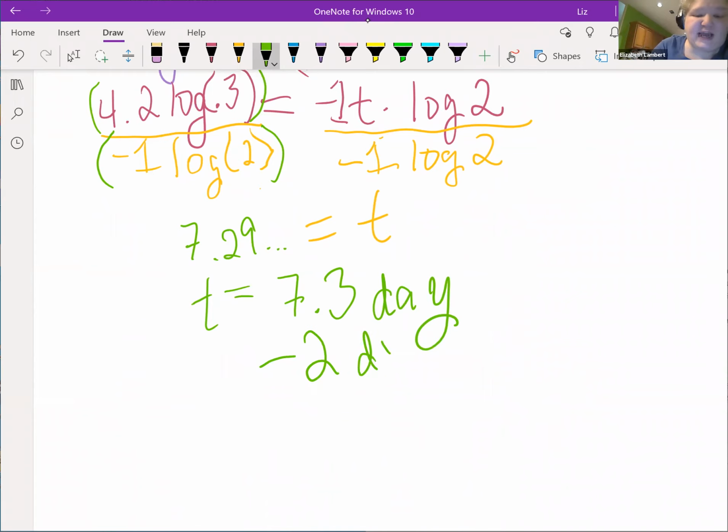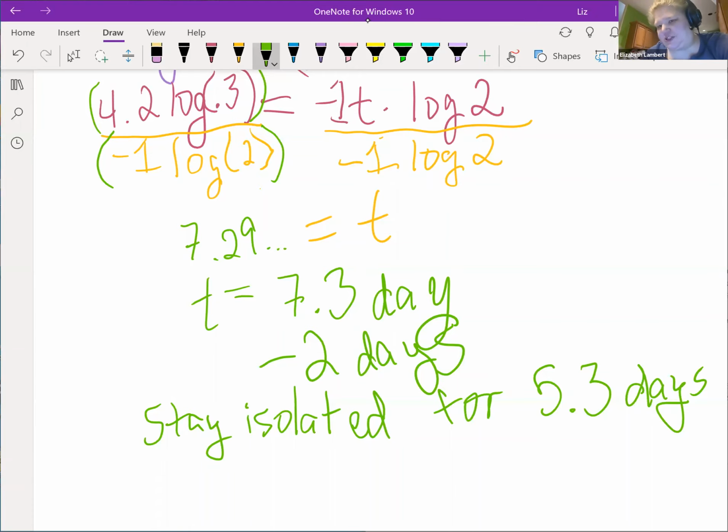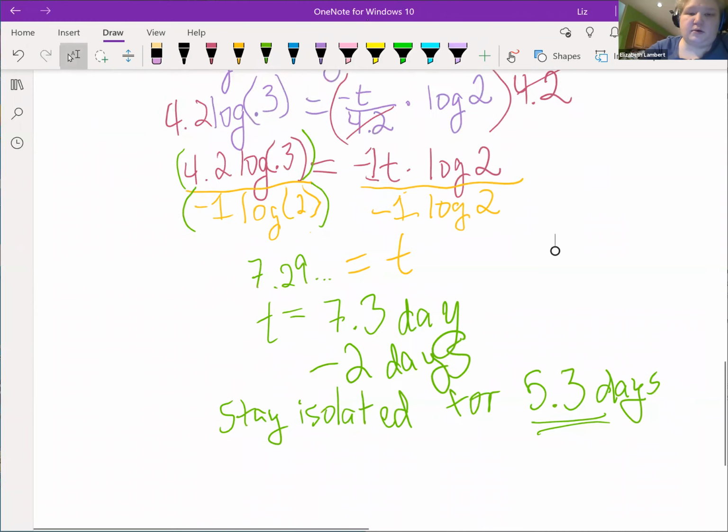So we minus 2 days. And she has to stay isolated for 5.3 days. So the hospital would probably tell her to stay isolated for 6 days just to be on the safe side. Or maybe 5.5, but you give a little extra to give people room for error, because a lot of people don't like to fully listen to directions.